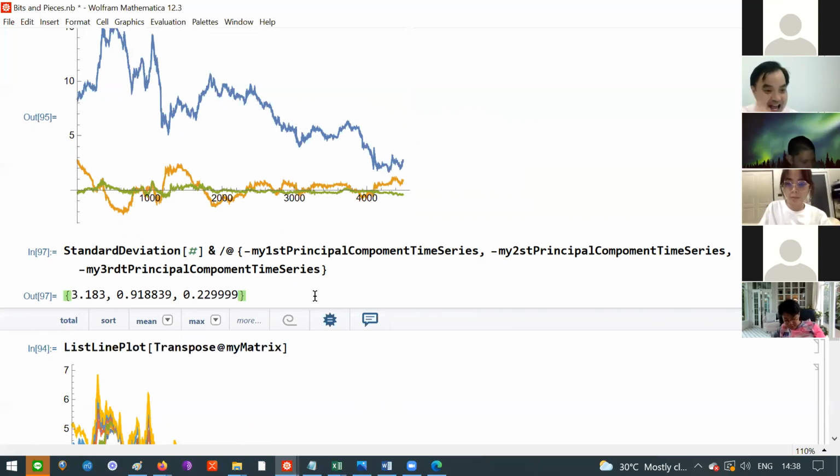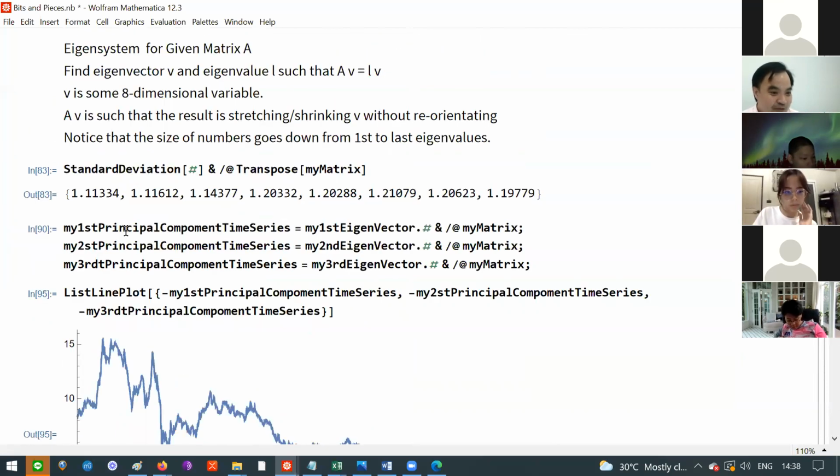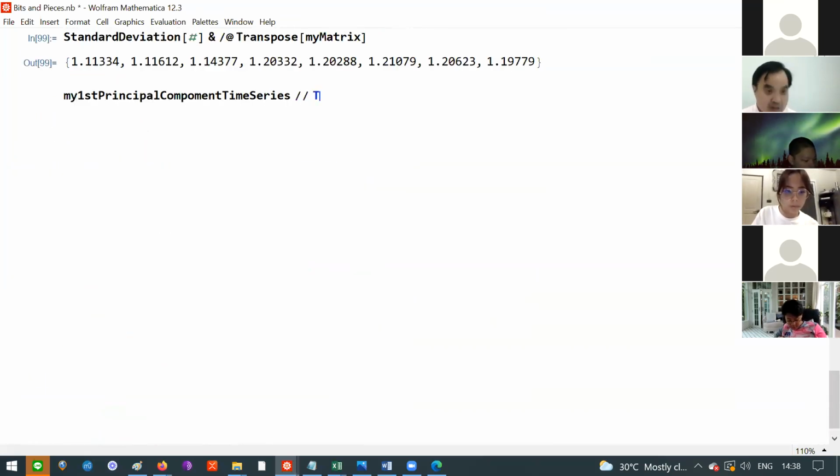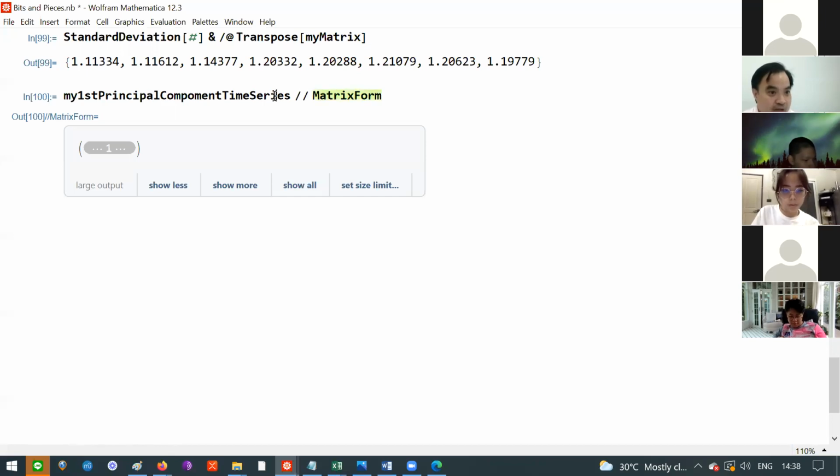Now, let's look at what these components are. We haven't seen them.